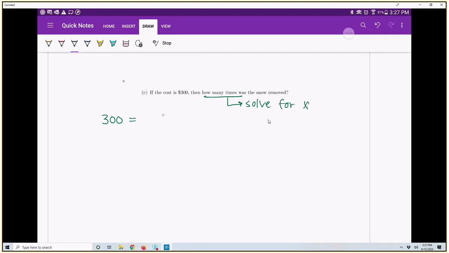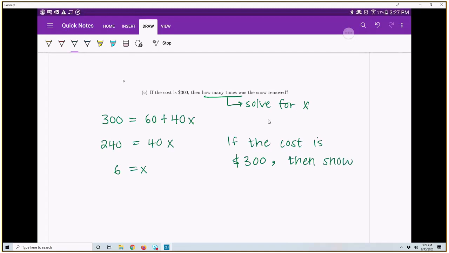So I have 300 is equal to 60 plus 40x. Subtract 60 from both sides, I get 240 is equal to 40x. And divide by 40, so I get 6 is equal to x. So if the cost is $300, then snow was removed 6 times.